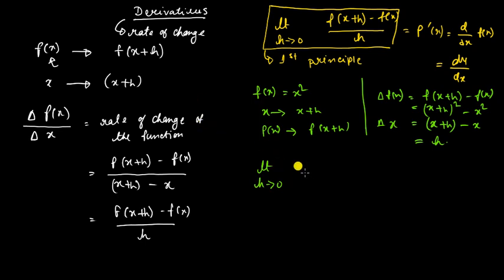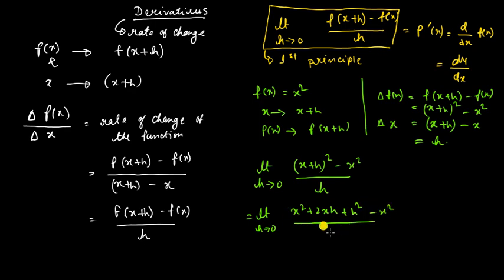So now this would be x plus h whole square minus x square divided by h, right? If I put all the values, this is what it becomes. Now limit h tending to 0, this becomes x square plus 2xh plus h square minus x square whole divided by h.